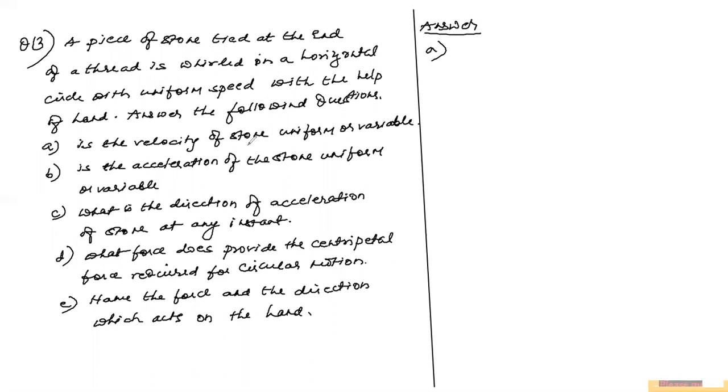The stone is performing a uniform circular motion, okay? So naturally, uniform circular motion means the velocity is always variable. The velocity of the stone is variable. Okay, the next part of the question is, what is the acceleration of the stone, uniform or variable?